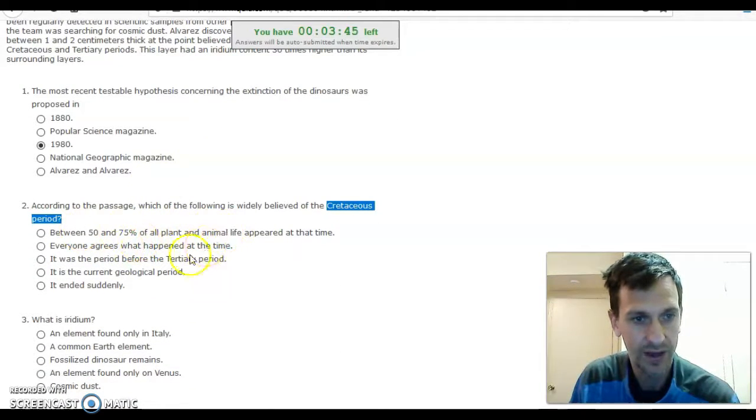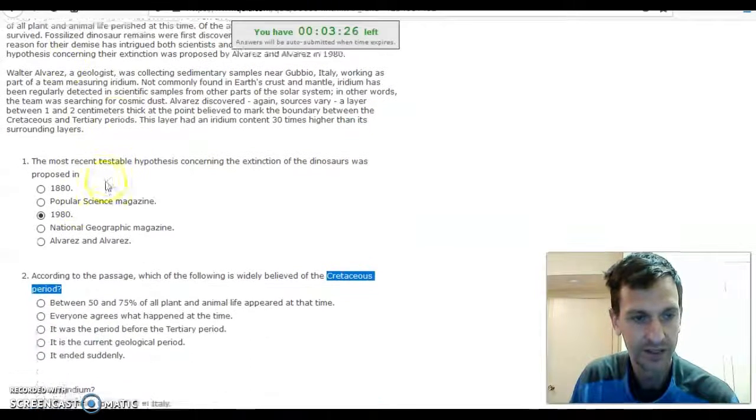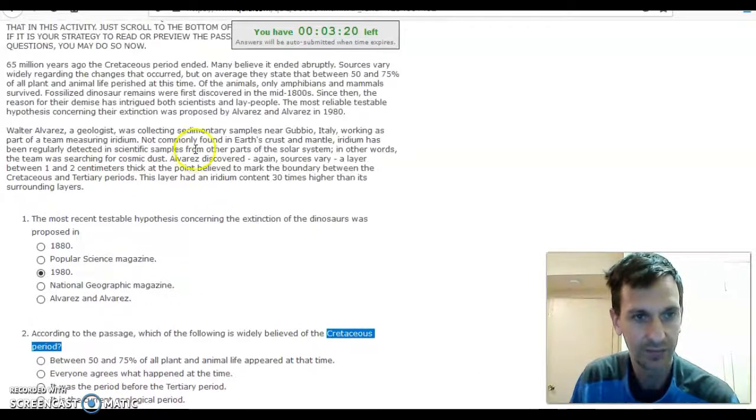No. Everyone agrees what happened? It was a period before the Tertiary, the current geological period, and suddenly. So we're in this paragraph. Animals and amphibians survived, fossilized dinosaurs were discovered, and since then the reason for the demise has intrigued both scientists and lay people. See? Everyone agrees? No. It was before the current geological period? No. Boom. And suddenly. Where did we see that?